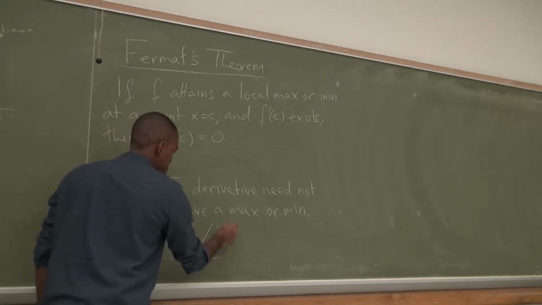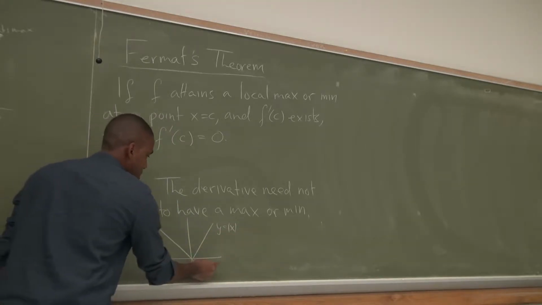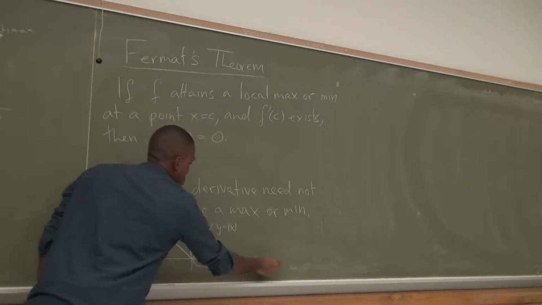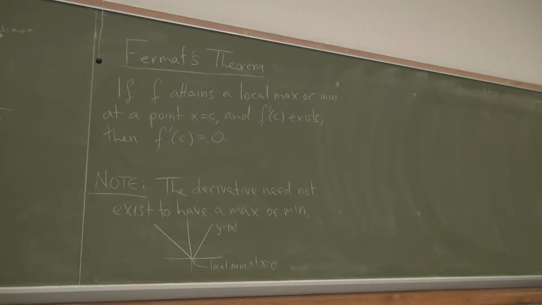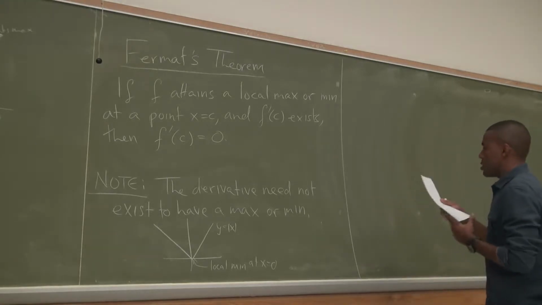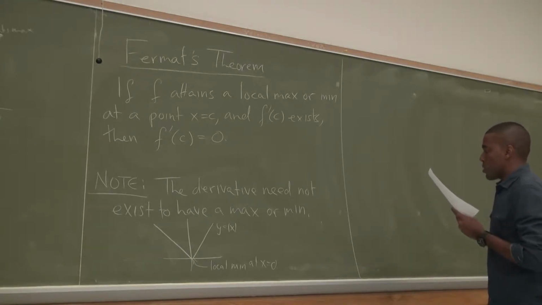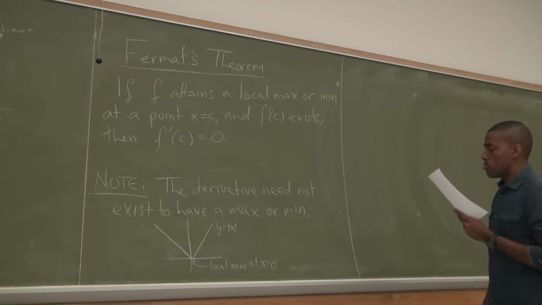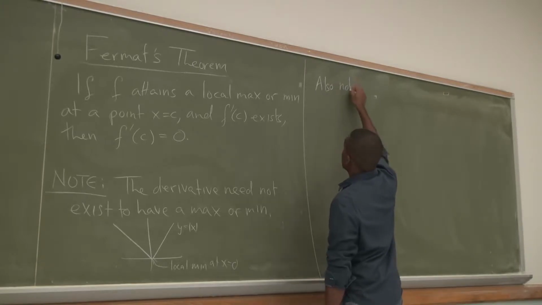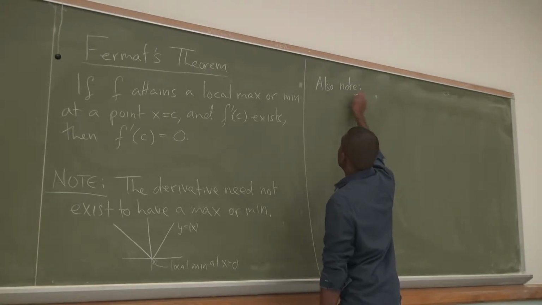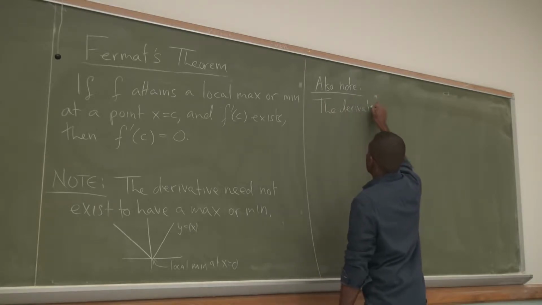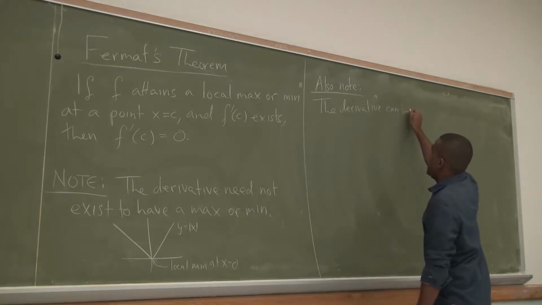So you think of y equals absolute value of x, there's a local min at x equals 0, but we happen to know that the derivative doesn't exist at 0. We've seen that before. The derivative limits did not match up. Also notes. Derivative can be 0.